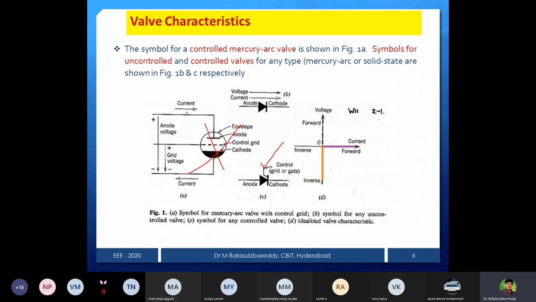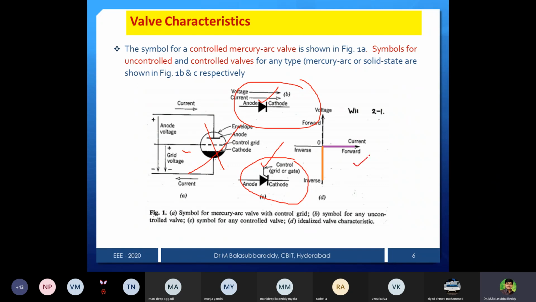So that's what I mentioned here. Mercury arc valves: there are uncontrolled devices, the diodes, and control valves, for any type, whether it is mercury arc or solid state, shown in figures B and C. Now you can see that this one is uncontrolled and this one is a controlled device, but generally we use a controlled device instead of mercury arc valves.